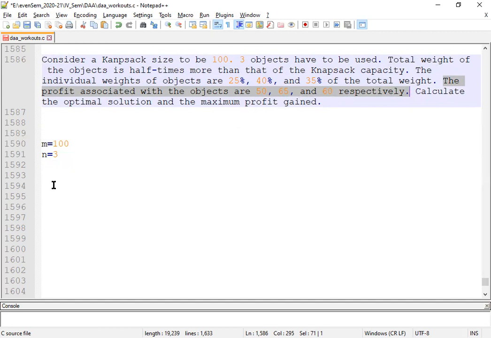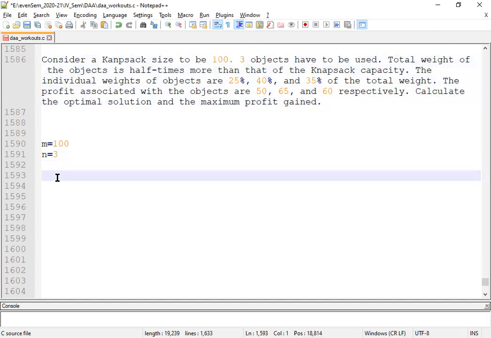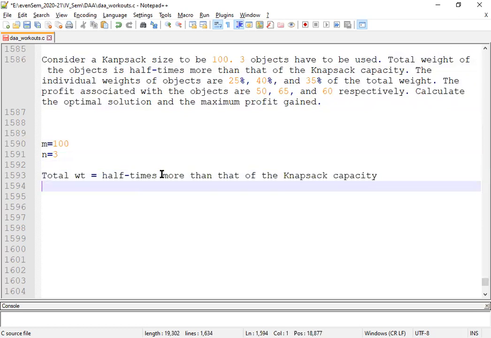Now let us first calculate the total weight. The total weight is going to be half time more than that of the knapsack capacity. So half time more means what? Here the knapsack capacity is 100.